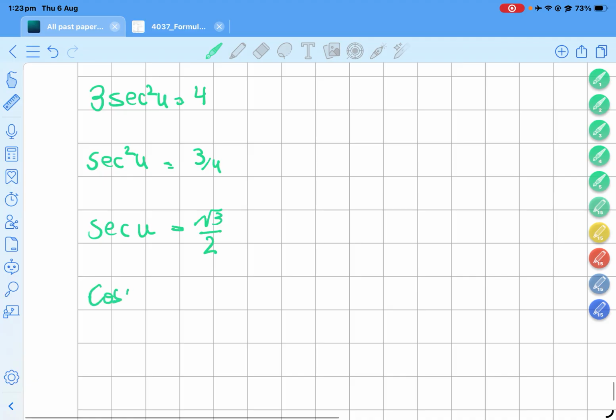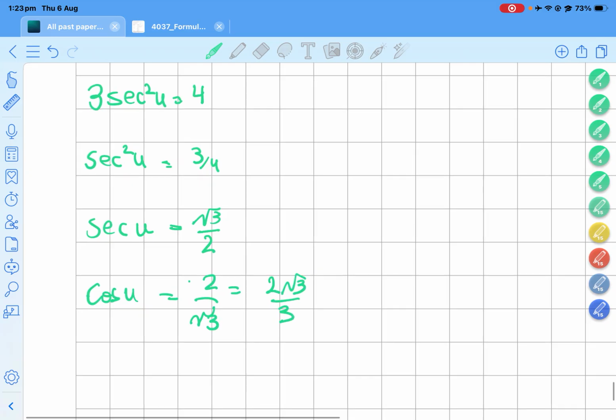You'd never really have something like sec u inverse, cos u inverse, tan u inverse, cot u inverse, cosec u inverse. Something like that doesn't really exist in math. It might exist, but at this level we don't know enough. So cos u is equal to 2 divided by root 3, which is basically 2 root 3 by 3.